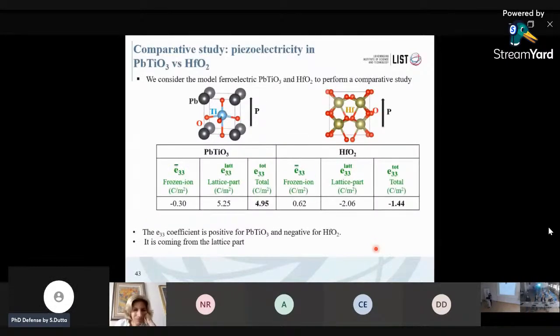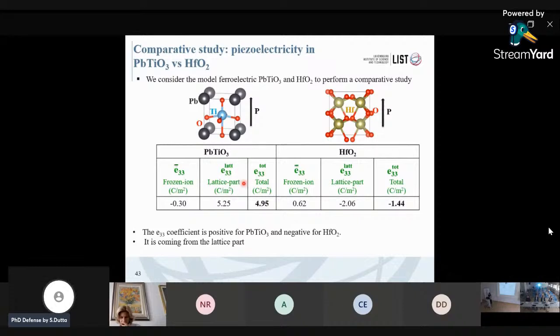To understand the peculiar behavior of this material, we consider a model ferroelectric, lead titanate, and hafnia in its ferroelectric state, where the polarization is pointing upward. I calculated the e33 coefficient. From the table you can see that lead titanate has a positive e33 and hafnia has a negative e33. This sign basically comes from the lattice contribution, which is dominating.